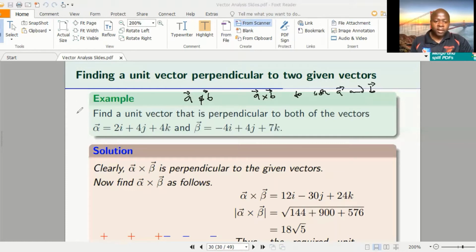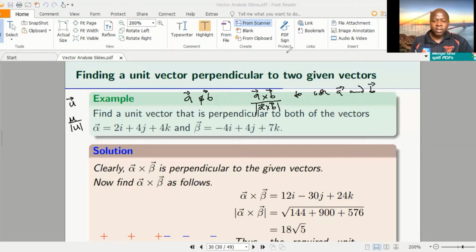To get a unit vector in the direction of a vector U, it is given by vector U divided by the magnitude of U. So to get a unit vector perpendicular to vectors A and B, we first get the cross product of the two vectors, and then divide that vector by the modulus of A cross B. That gives us a unit vector that is perpendicular to both A and B.